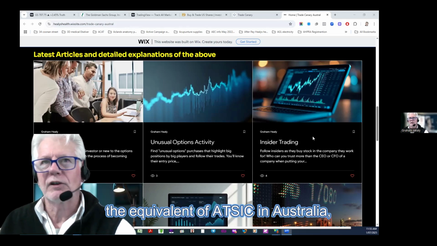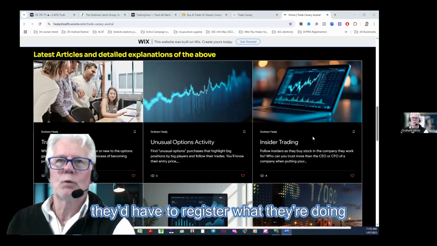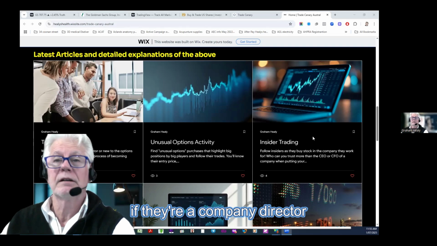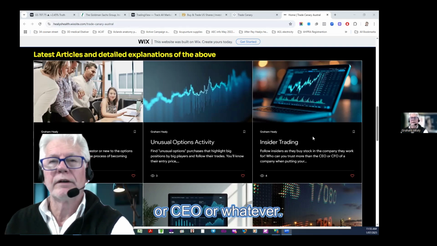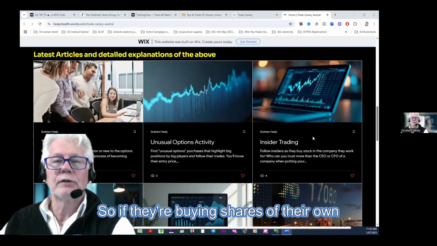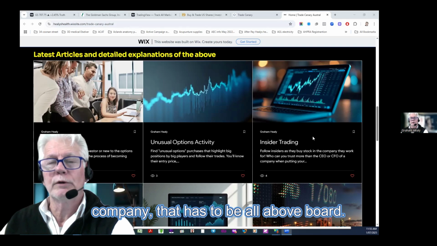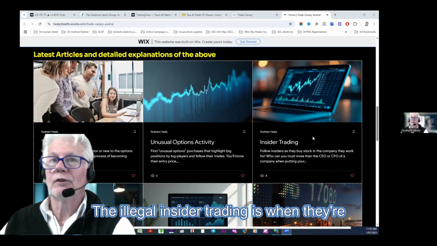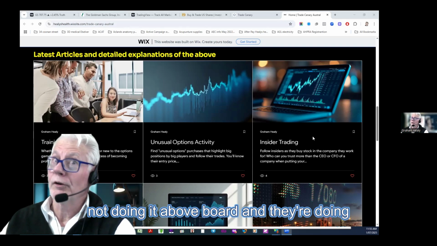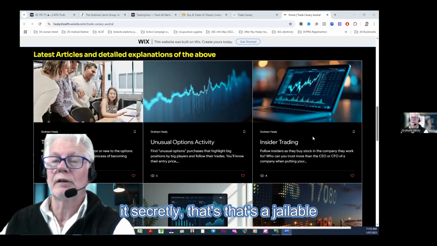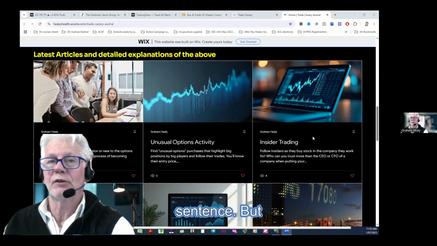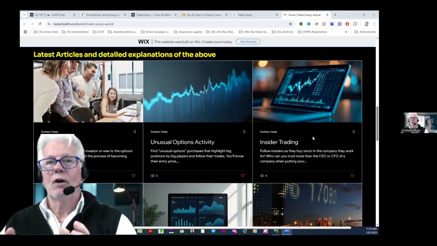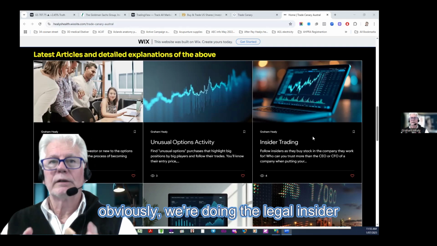The equivalent of ASIC in Australia, they'd have to register what they're doing if they're a company director or CEO or whatever. So if they're buying shares of their own company, that has to be all above board. The illegal insider trading is when they're not doing it above board and they're doing it secretly. That's a jailable sentence. But we're not into that, obviously. We're doing the legal insider trading.